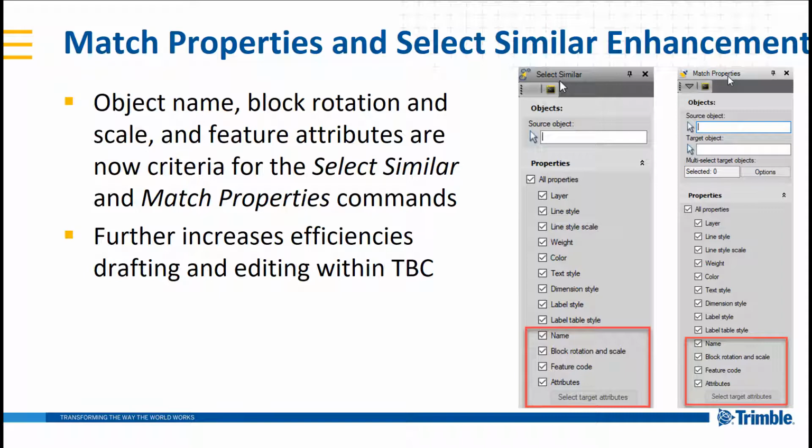Over the last several releases, we're continuing our commitment to increasing that drafting efficiency in TBC, and these are, again, incremental steps, but collectively, over the last couple of years, several releases, we've vastly improved our drafting capabilities and efficiencies within TBC.